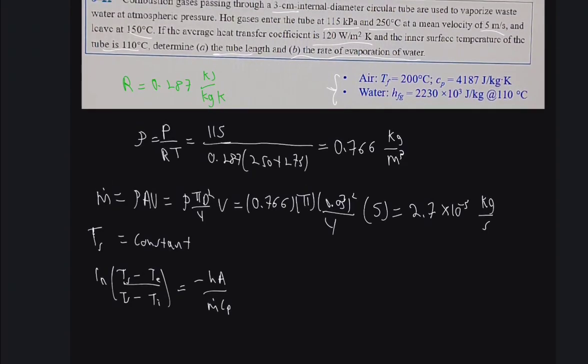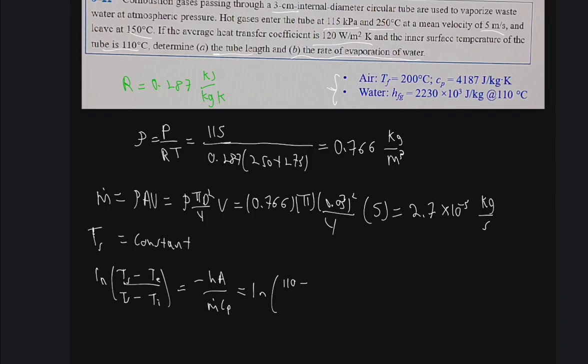So we have the exit temperature, we have the surface temperature, and we have the inlet temperature. Nice. So ln, surface temperature, 110.